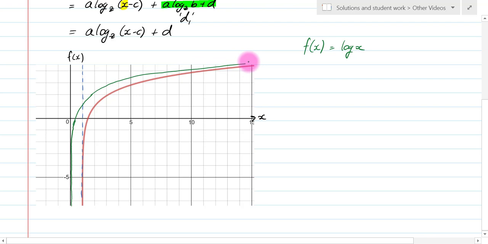It has an asymptote here of 0. So just remember this word if you haven't seen it before, asymptote. That is a line that the function will head towards, getting closer and closer and closer, but never quite reach.